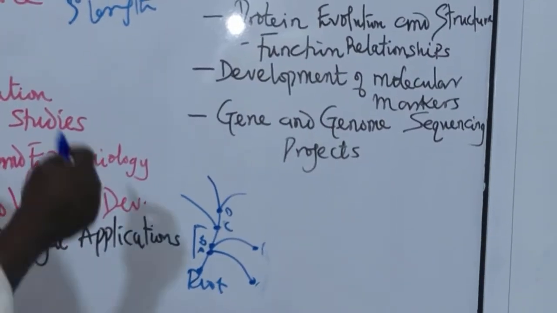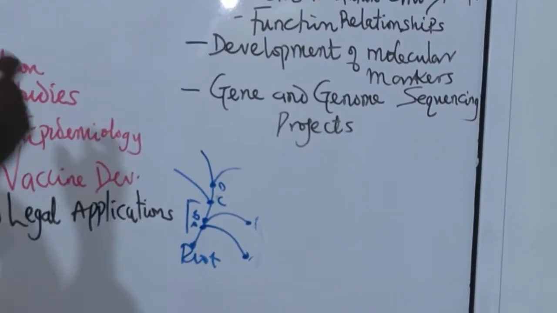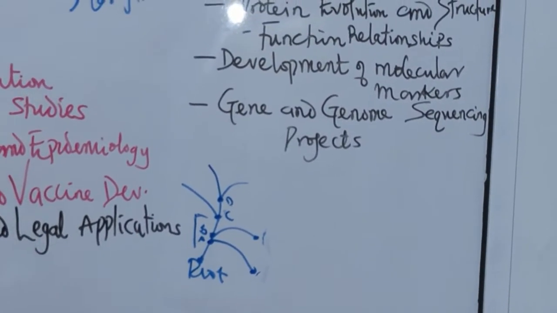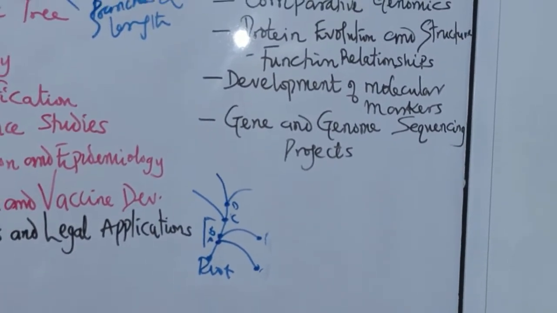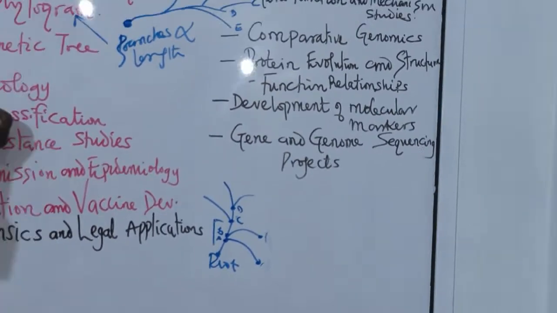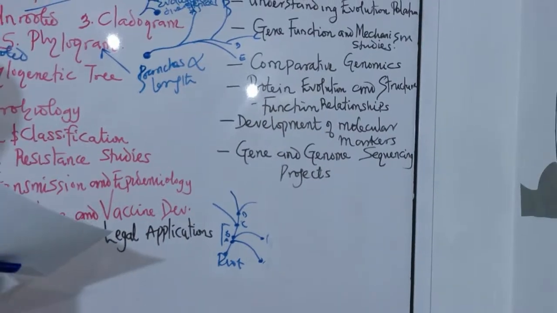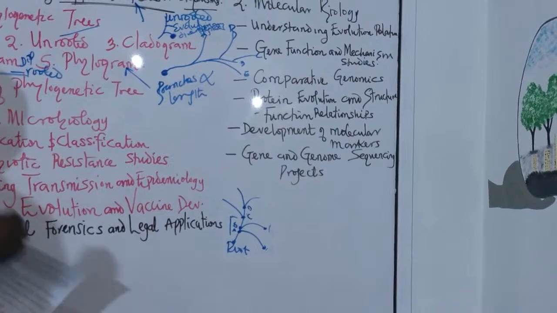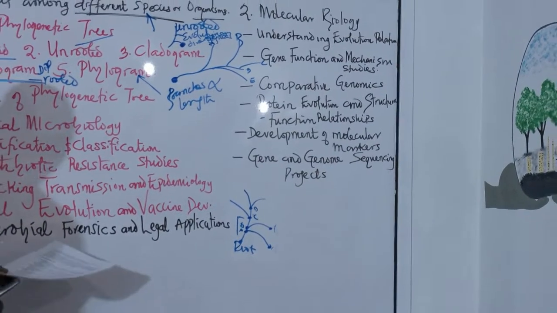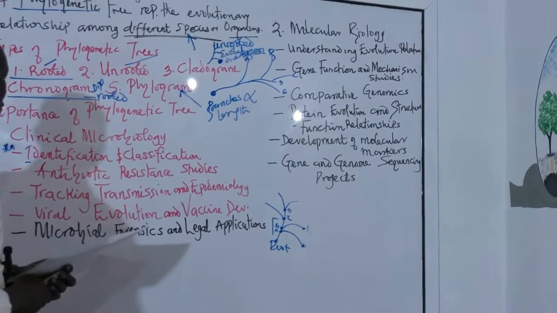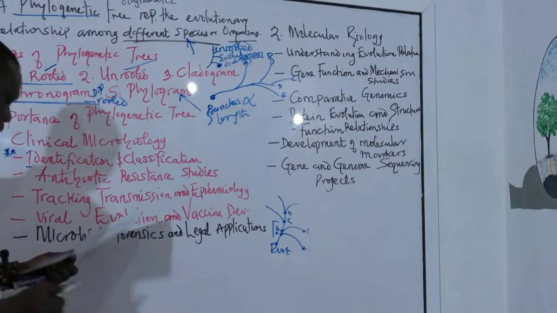That means you are still going to make use of the same drug in treating them as well. So we make use of a phylogenetic tree in identification and classification. If you want to know how closely organisms are related, or where they can be classified, you make use of a phylogenetic tree.